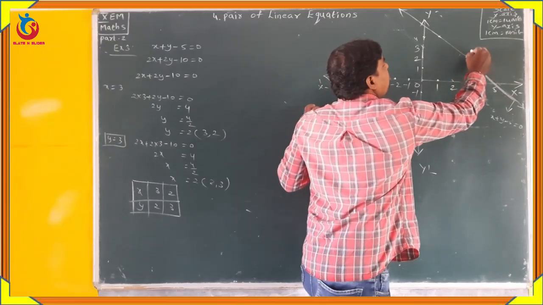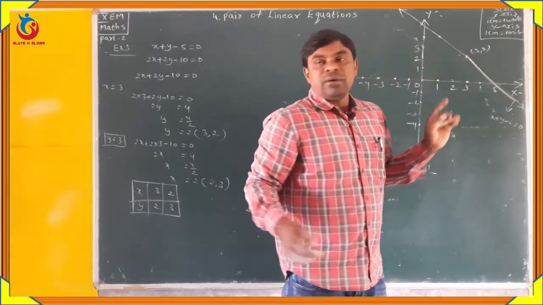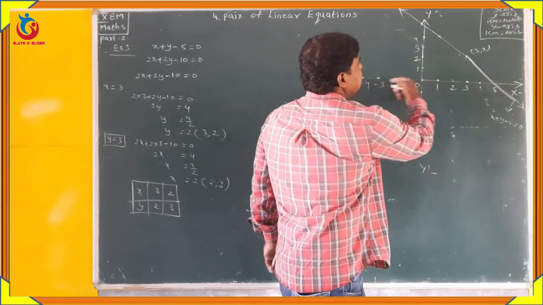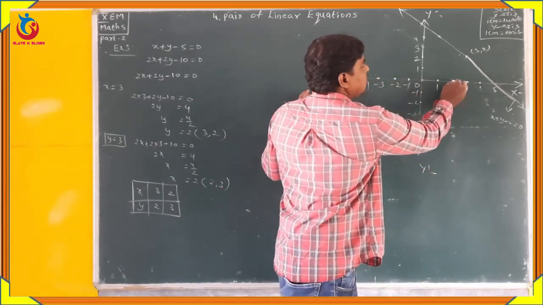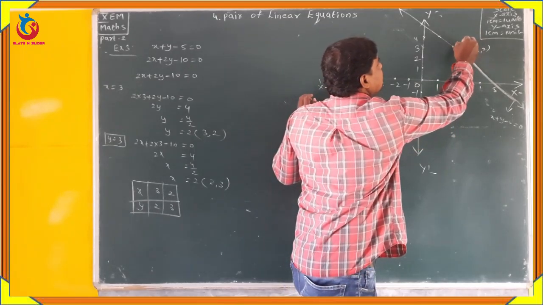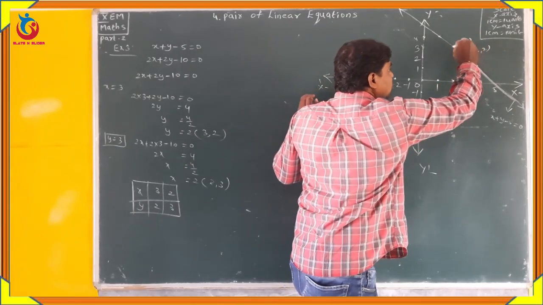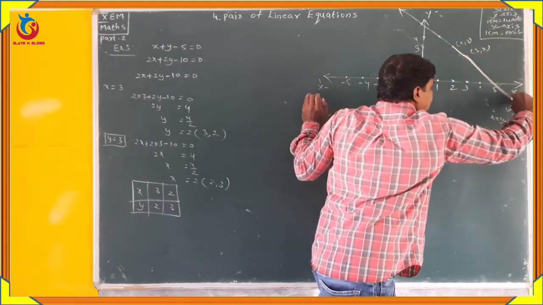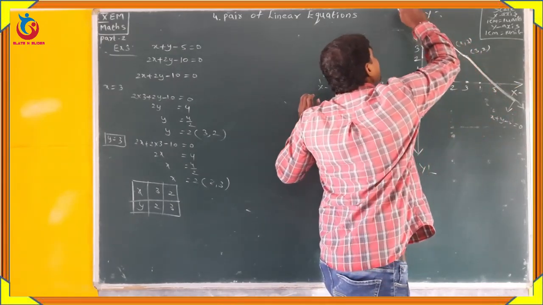So this is the point which we have to find, that is 3 comma 2. Next one is 2 comma 3. At the x axis, just stand at 2 and move in the upward direction. So we got 3 here. So this is 2 comma 3. Join these 2 points, yes, and produce. Here also we have to produce.